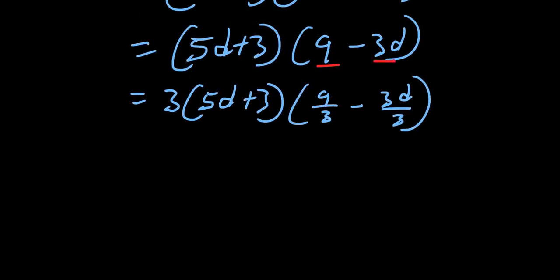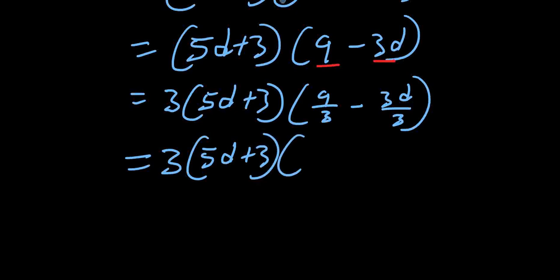Finally we are going to have 3, 5d plus 3, and then 9 divided by 3 is 3, minus 3d divided by 3 is d. So this is the final answer to this question, and I hope it makes some sense.